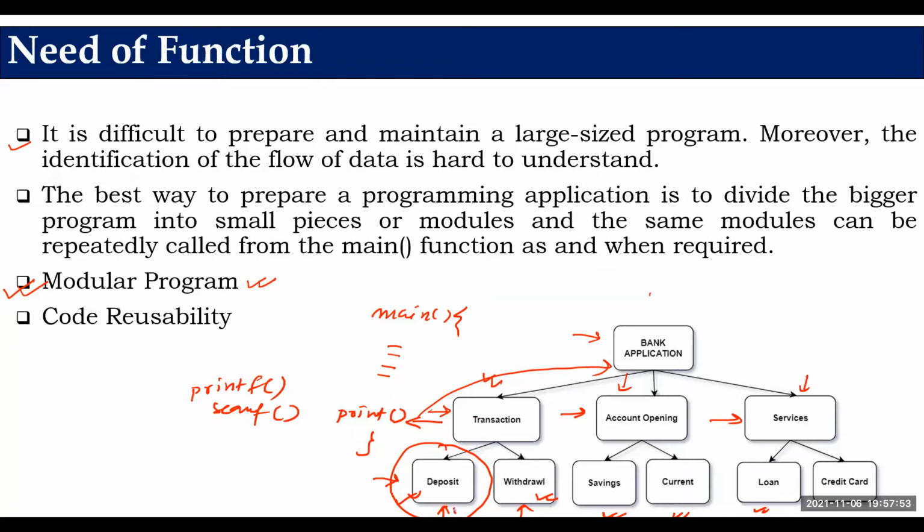After depositing certain money to my account, I can ask for updating my passbook with the help of the print function. So you design the code once, and you can use it as many times as you want. This is called code reusability. So through functions in C programming, we can achieve these two, you can say three things.